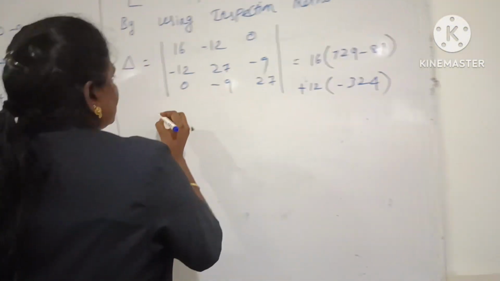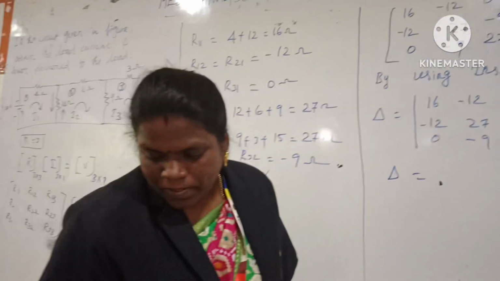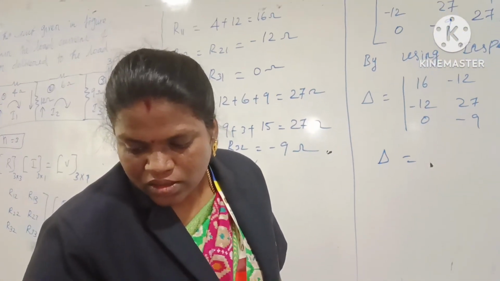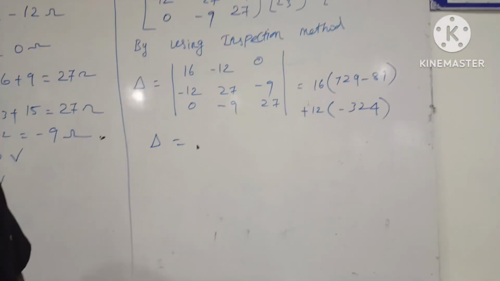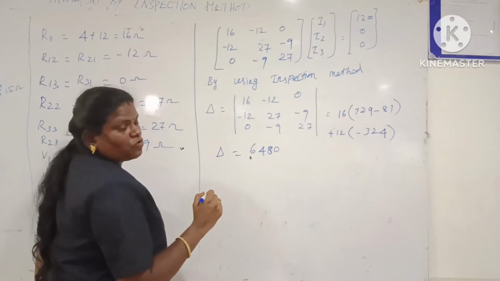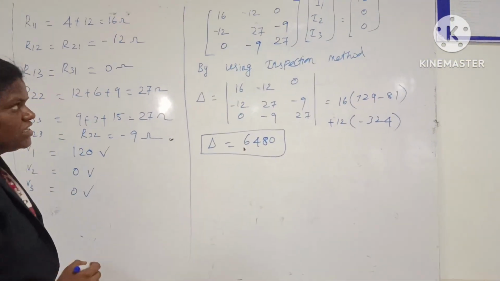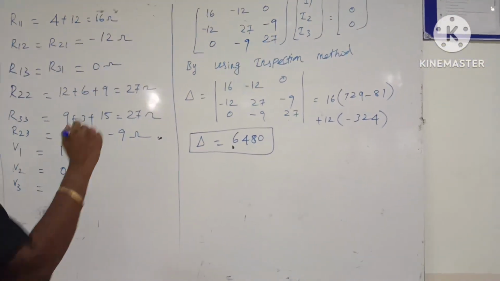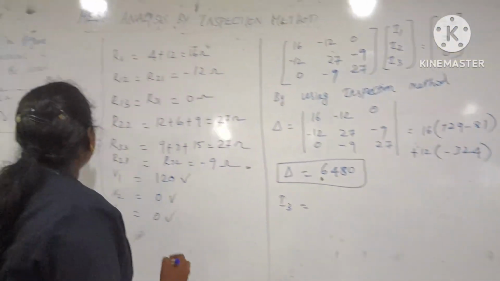So you will get the del value, del is equal to 6480.